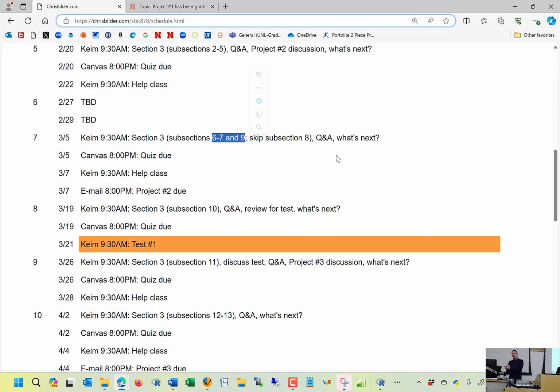Subsection 9's methods are used much, much more frequently than subsection 8. So that's why I thought it would be okay to skip subsection 8. In fact, usually when I teach it, I just focus on the subsection 9 stuff for most of the rest of the course. So when you go over the material, please skip subsection 8.